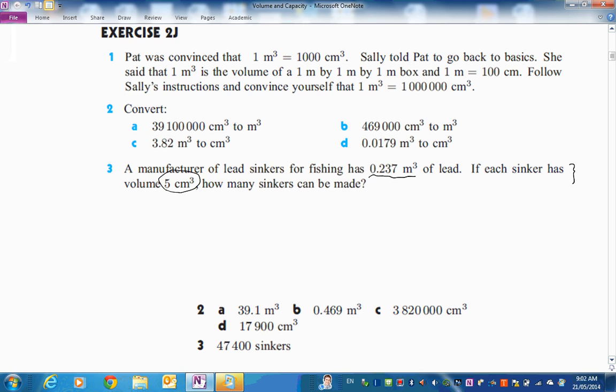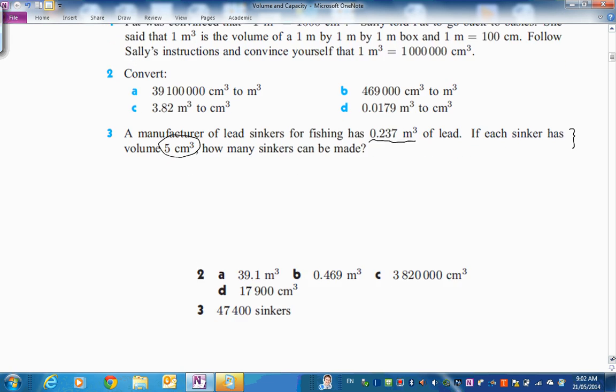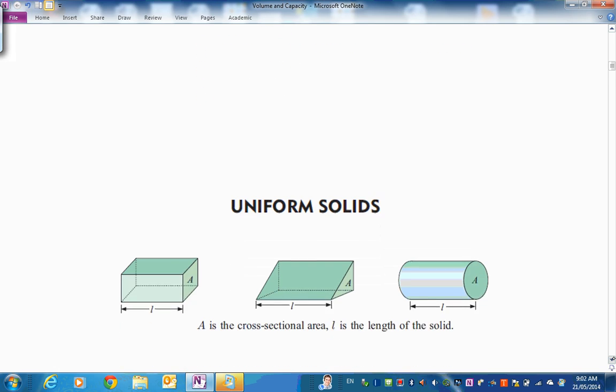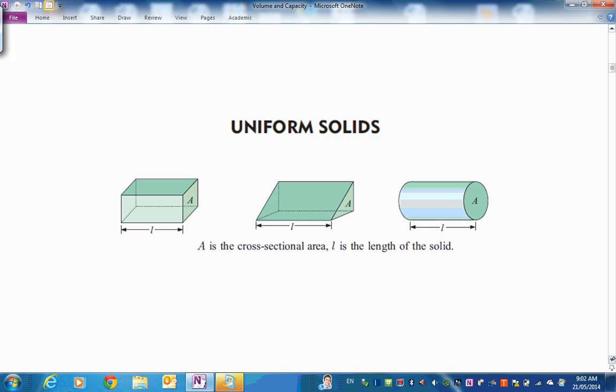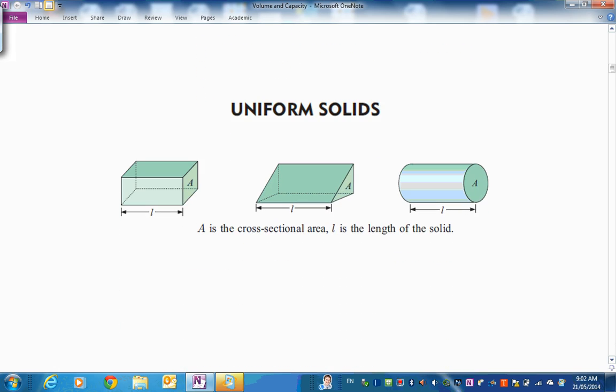All right, let's move on to actual volume calculation rather than just conversion of units. So here we are. The first lot here are what we call uniform solids. That means they've got the same. If you cut through there and look at the ends, it's always the same as that end there.